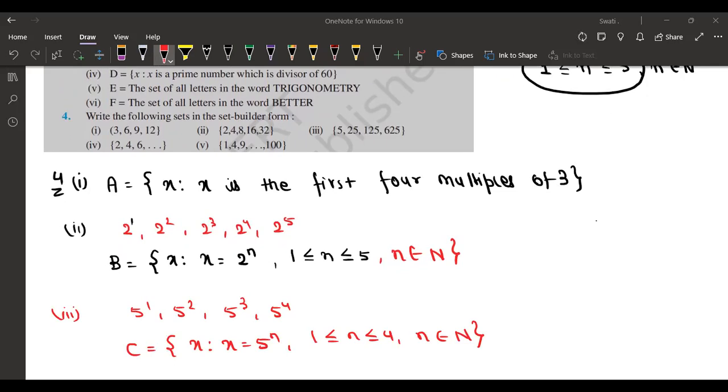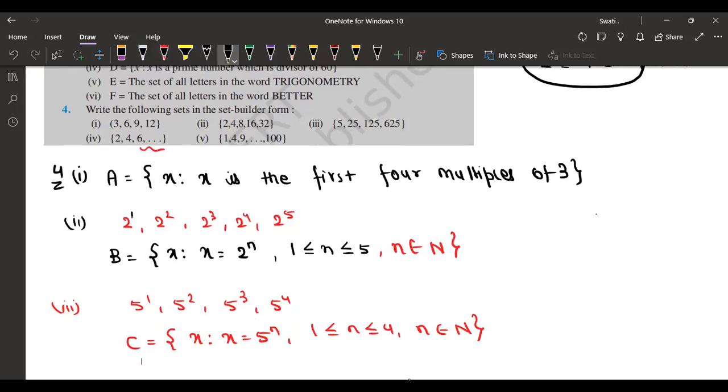Okay, next we have 2, 4, 6, dot, dot, dot. What is the meaning of this dot, dot, dot? It simply tells you that it does not stop anywhere. It just goes on and on. But I can see that 2, 4, 6, these are all even numbers, right?